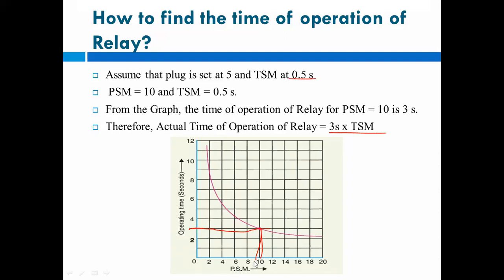If you get the plug setting multiplier, then for that the operating time comes as 3 seconds, and according to that you can find the time of operation of the relay using this formula. First you have to calculate the plug setting multiplier and then the operating time.